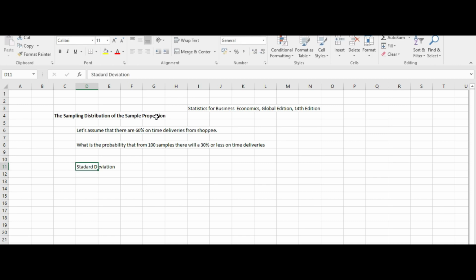So in order to do that, we first have to get the standard deviation.